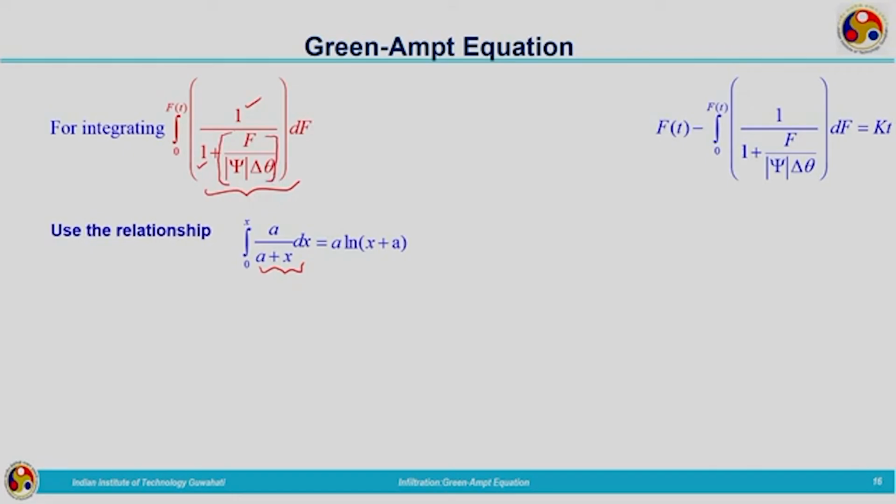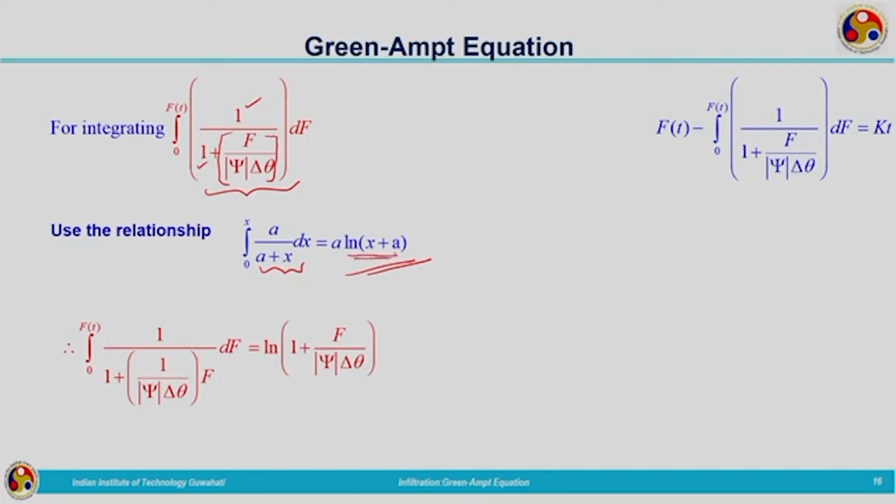So, we will be making use of this particular relationship for finding out the solution of this integral. So, that can be written as integral 0 to F of t 1 by 1 plus 1 divided by psi delta theta f df. So, this will be taking the form ln x plus a, in our case a is 1. So, ln 1 plus f divided by psi delta theta, and one coefficient is there, that is 1 by psi delta theta.